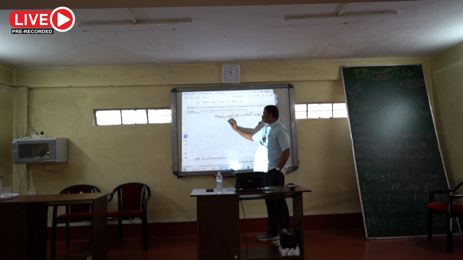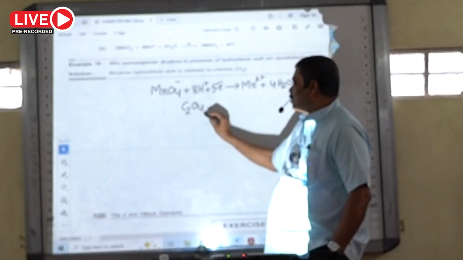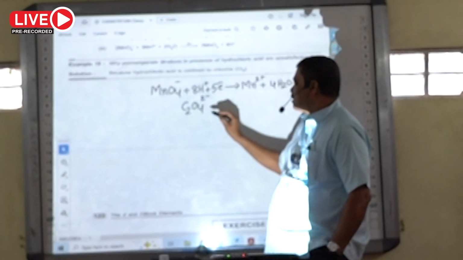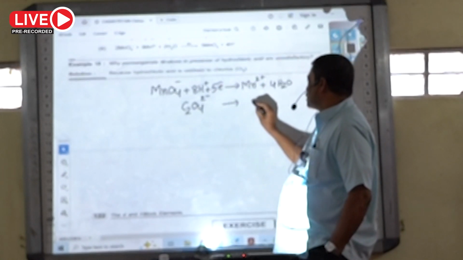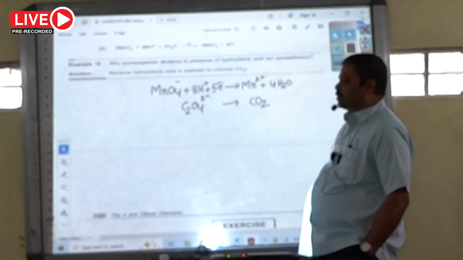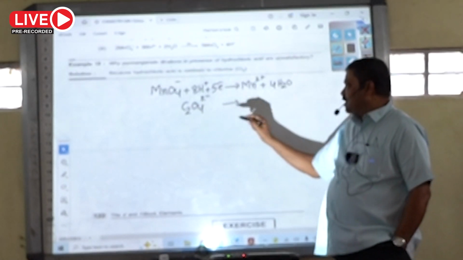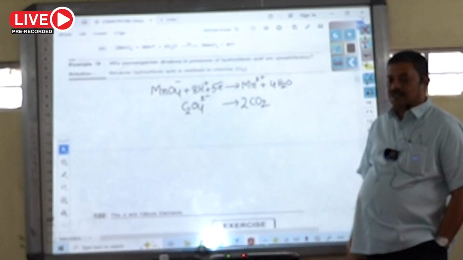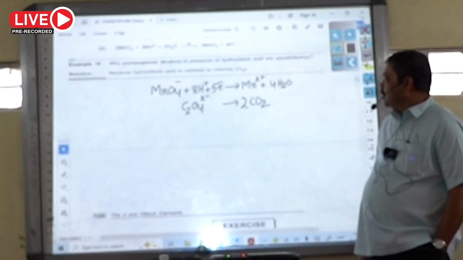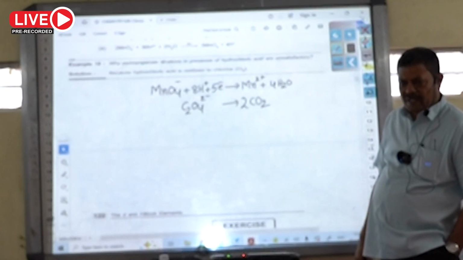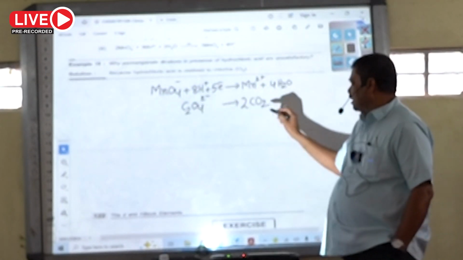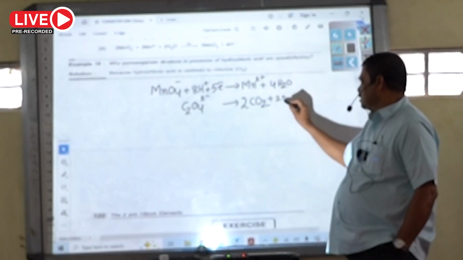Now oxalate is C2O4 2 minus converted into CO2. This also you have to balance. First, to balance oxygen, you have to write 2 CO2. Then only charges you have to balance. 2 negative are there, so on the right side, 2 electrons.